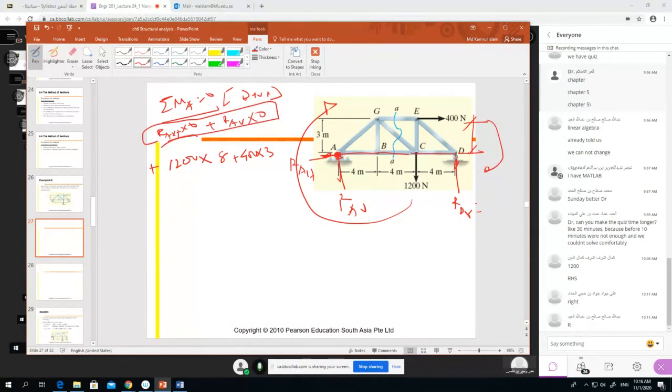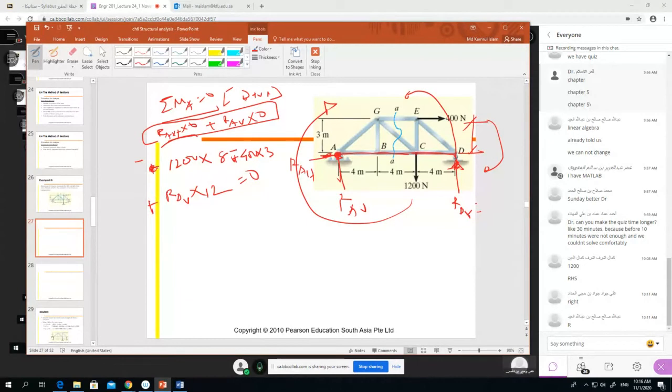Then we have RdV, right? RdV into distance. The distance here is 12 meters, and we assume this is upward and it is rotating clockwise. This is rotating clockwise, and the others are rotating anti-clockwise.